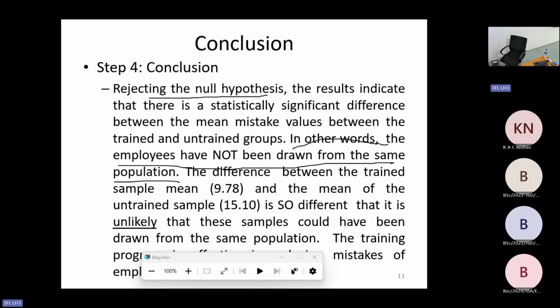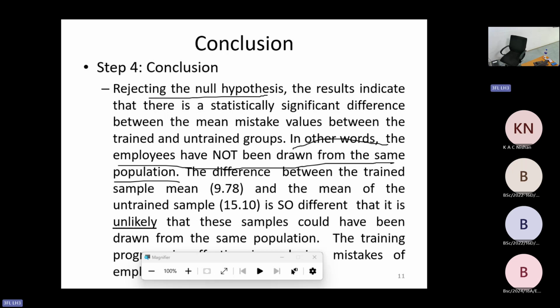We compare that with the 0.05 value from the decision criteria. So we understood 0.0135 is less than 0.05, the cutoff, and so we reject the null.